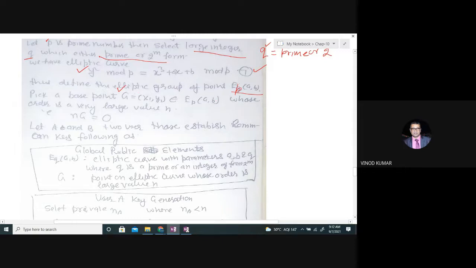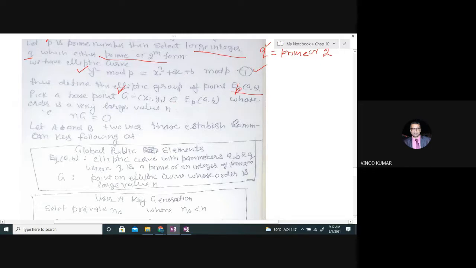We take a base point on the elliptic curve of very large order. This means G is the base point, or a generator, of the group on the elliptic curve.